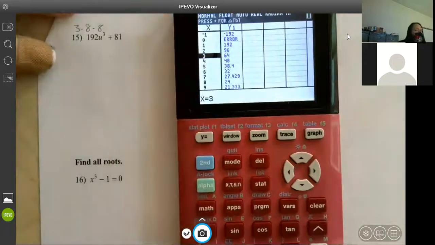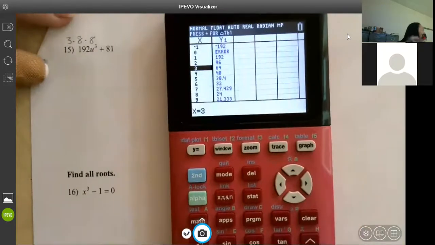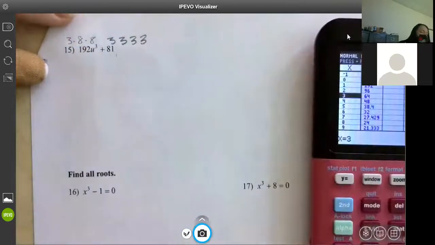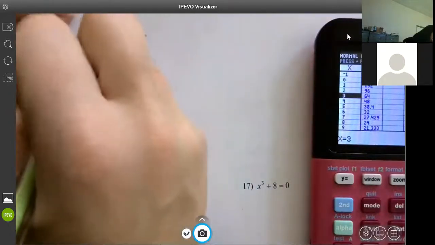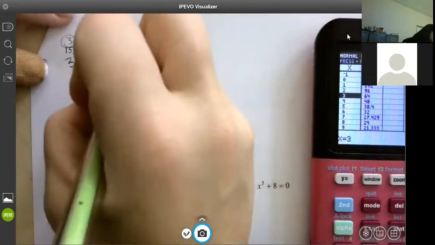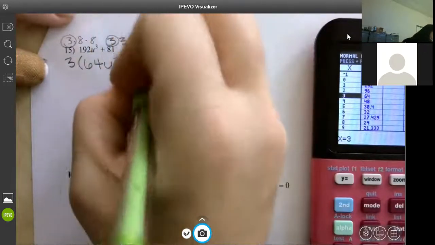I'm going to leave it like this for a minute, but remember 8 is 3 twos. 81 is 4 threes. So we do have a 3 in common, so we're going to take that out. That leaves me with 64u cubed plus 27.